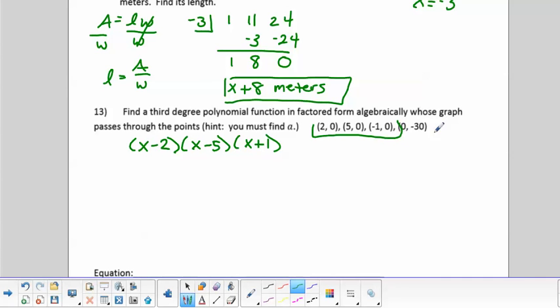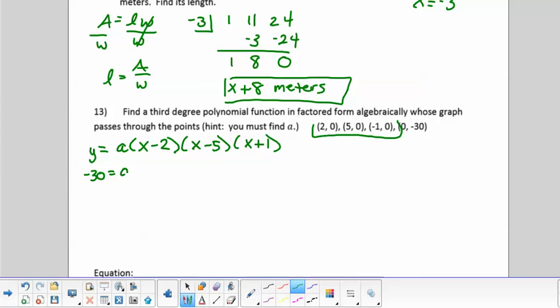We're going to use this value to find the a. So remember, the a is the lead coefficient. It comes in front of the factors, and then y is going to equal all of this. Well, we can plug this point in, 0, negative 30, to find what our a is. So I'm going to put negative 30 for my y, and 0 for my x's.